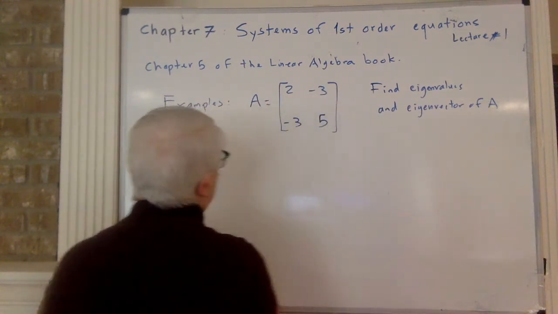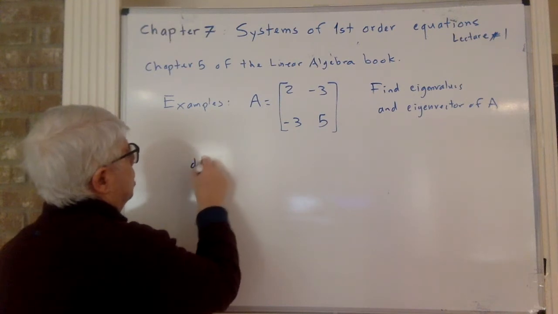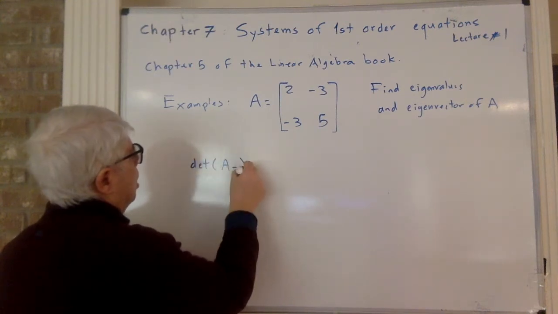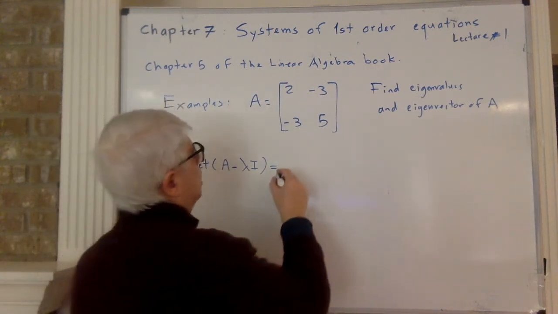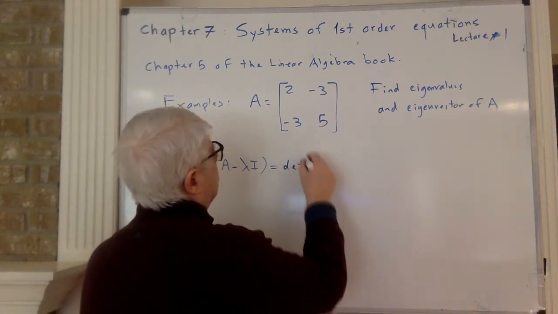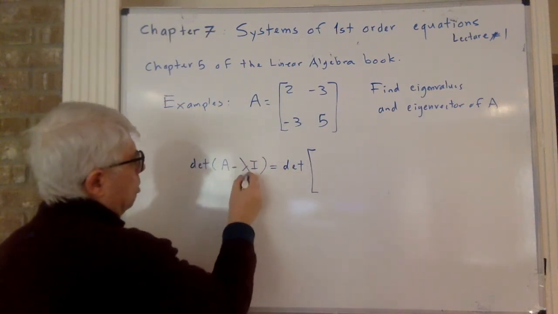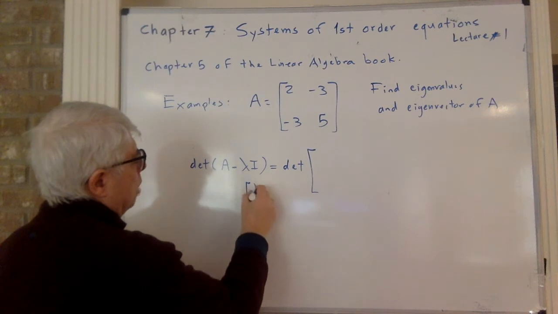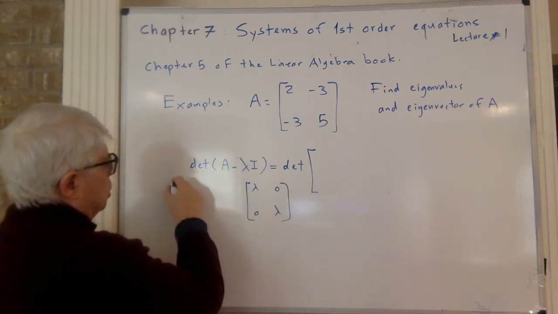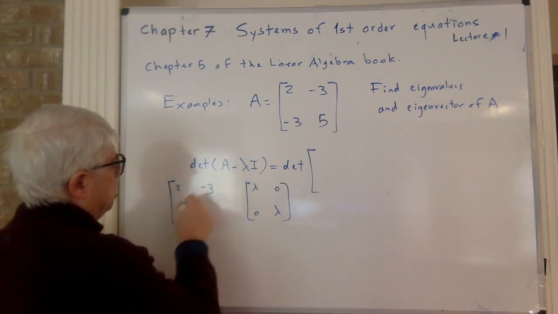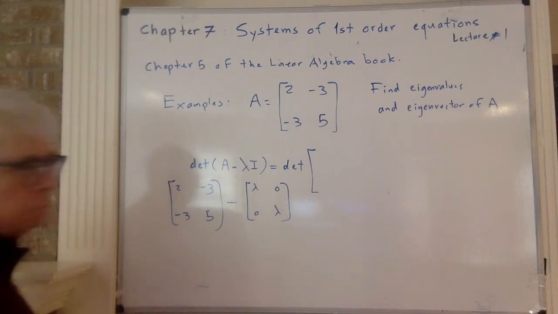So we have the determinant of A minus lambda I. So this is in fact the determinant of this matrix. Lambda I is lambda 0, 0 lambda. So this matrix 2, -3, -3, 5, minus this.